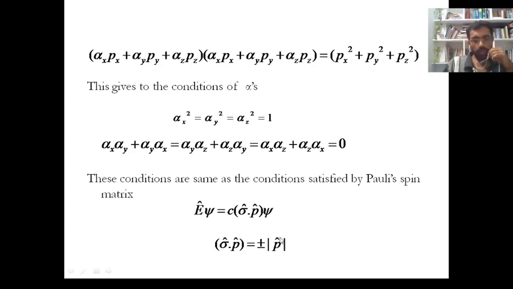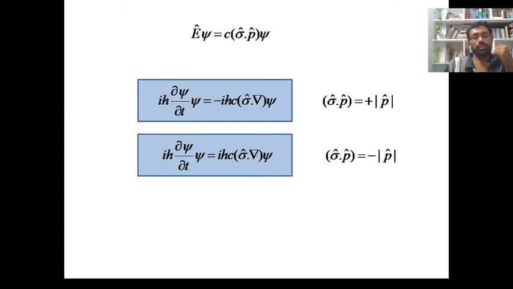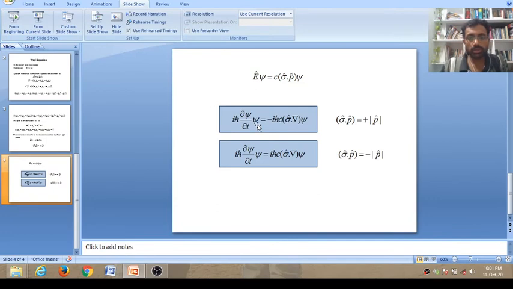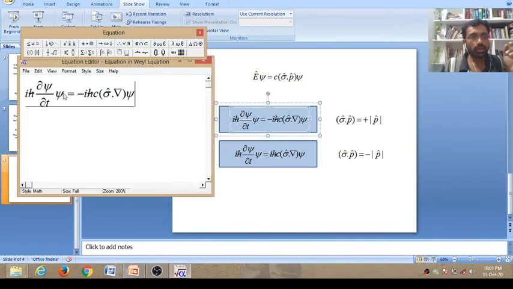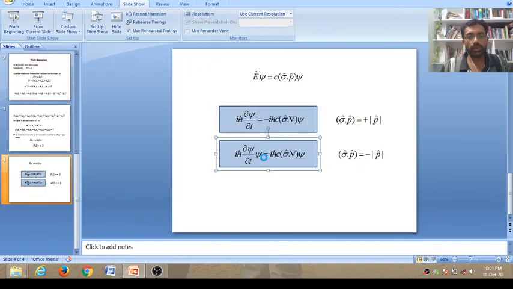So the conditions that are satisfied by this Pauli spin matrix, and the eigenvalue equation of the energy equation, can be rewritten as E cap psi equal to c sigma dot p psi. Okay, these are the conditions here. So we know what the energy operator is. That energy operator can be written as i h cut dot psi by dot t.